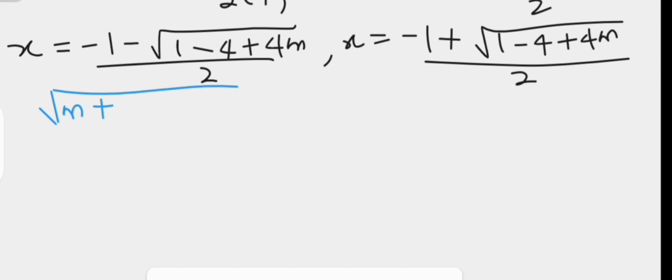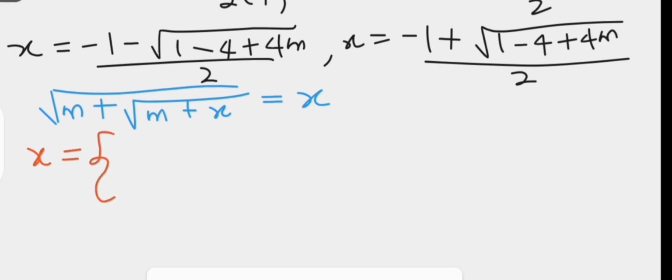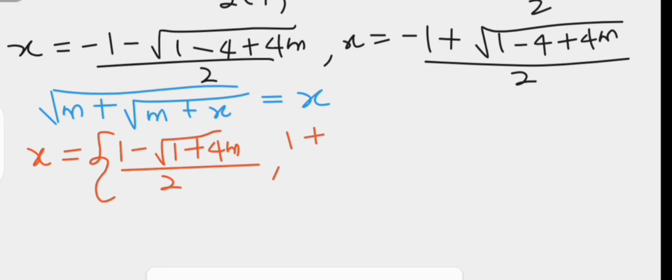square root of m plus the square root of m plus x equals x. The values of x are 1 minus the square root of 1 plus 4m over 2. We also have 1 plus the square root of 1 plus 4m over 2 as the second solution.